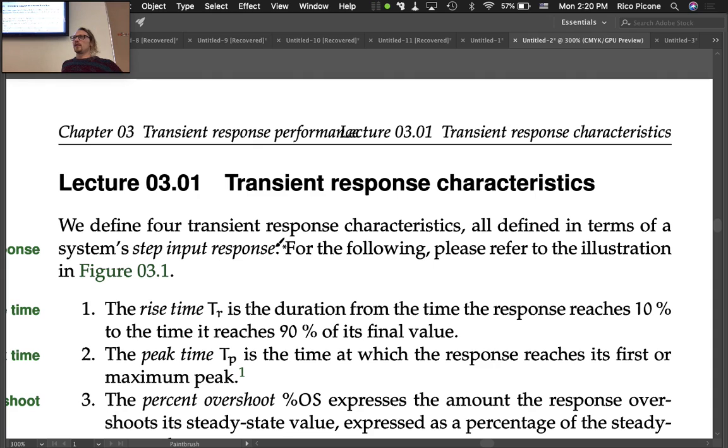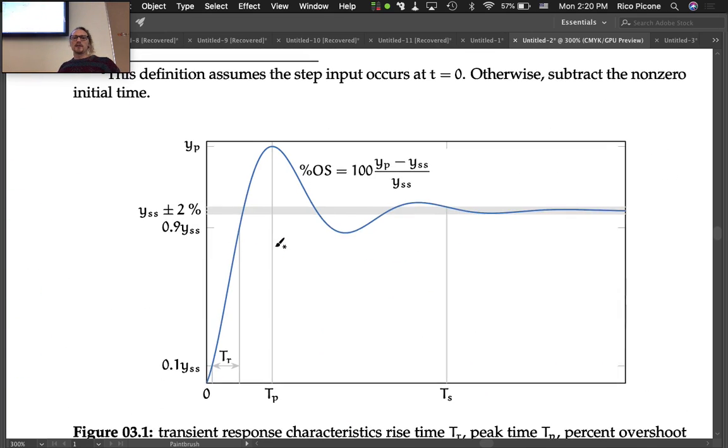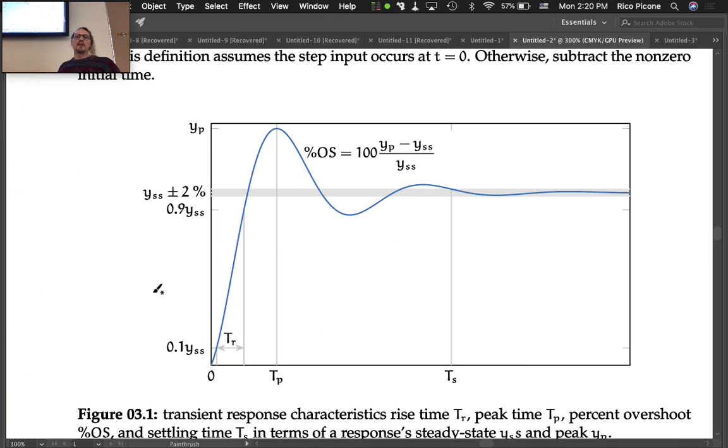So that response, which we can see an example of, an illustration of for some system, given here, is going to go from often 0 to the final value in time, and we want to characterize how it does that. And that's what this transient response characteristics chapter is all about.